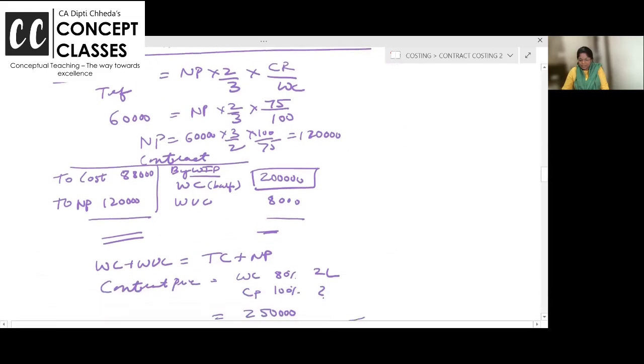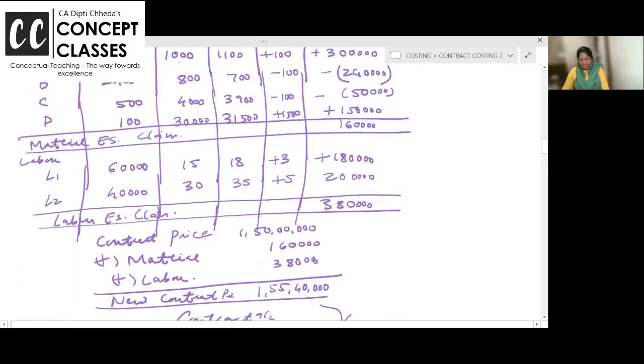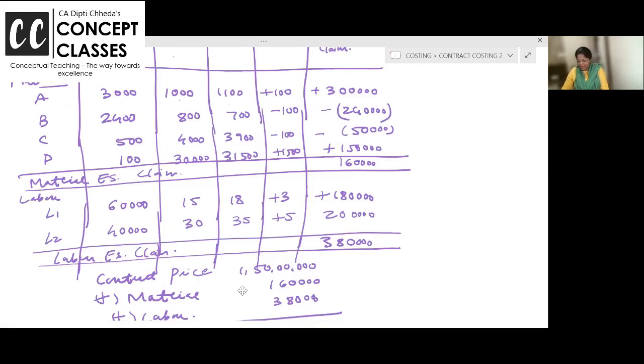Yeah, here it is. So small it is, 10th question. And 11th also I did it. Okay. So that's all for contract costing. Make sure you practice it more. Okay. All study material problems.